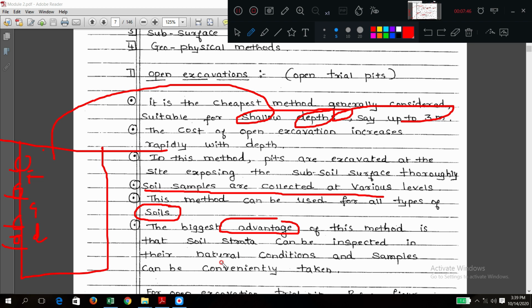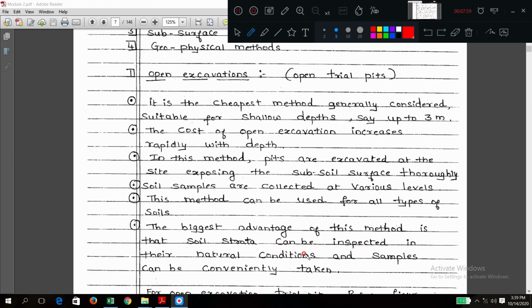What is the advantage? Soil strata can be inspected in their natural condition. What is this inspection? See here, there are two methods. Let us say I will draw here. This is open excavation.